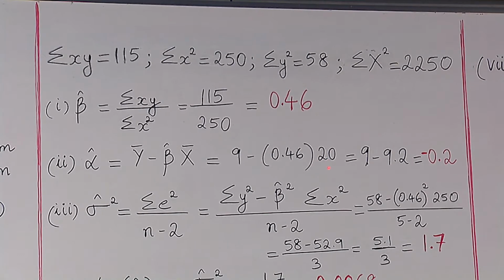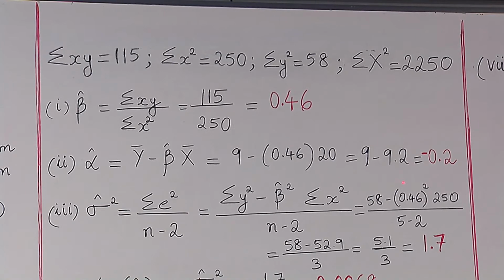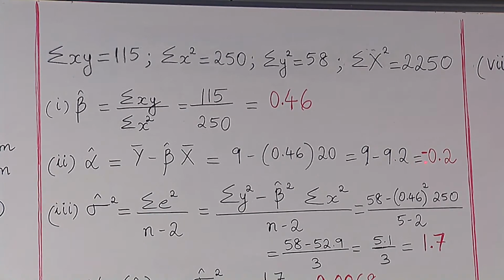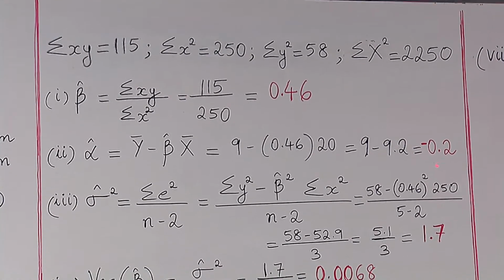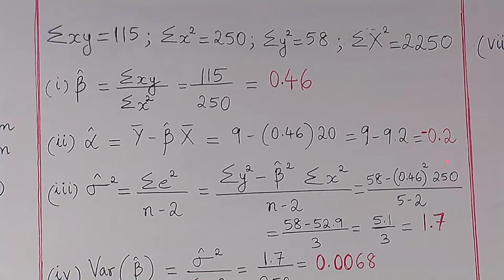Substitute the values and get the answer 9 minus 9.2. 0.46 into 20 gives you 9.2. When you subtract 9 and 9.2, you get the answer minus 0.2. Hence, now we have found the coefficient alpha hat.